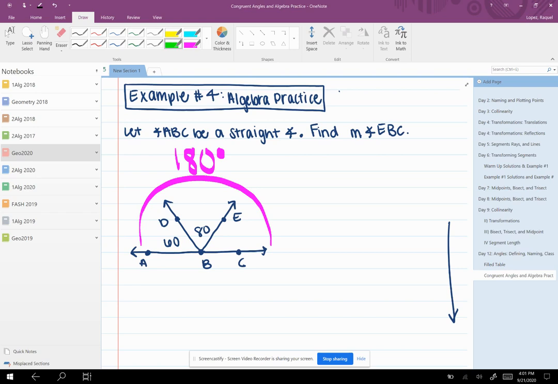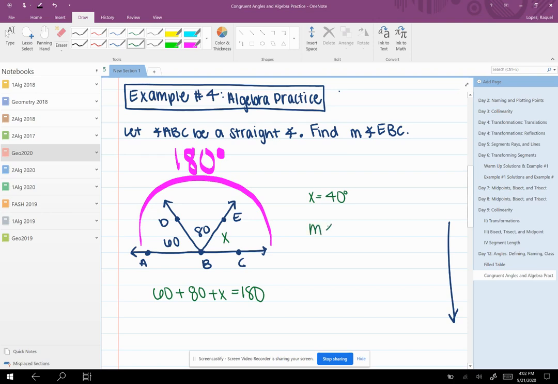If you want to, we can label this as x. So 60 plus 80 plus x equals 180, because all 3 of those angles added together will get you to the straight angle. Then add the 60 and the 80 together and subtract from 180, and you should get that x equals 40 degrees.